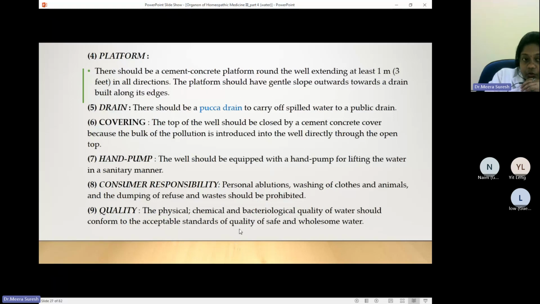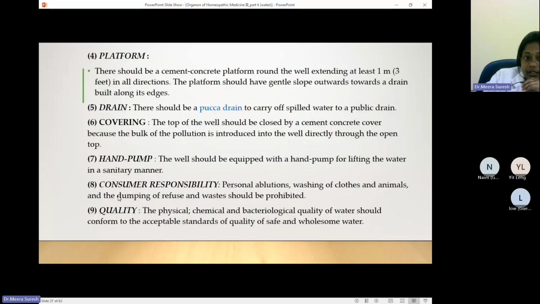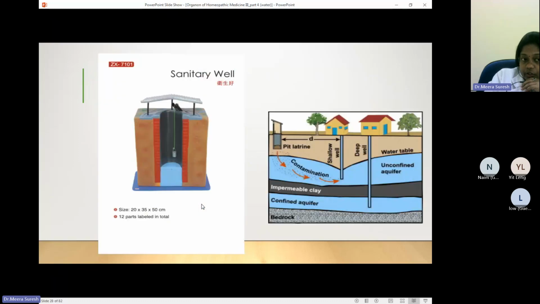So, 9 criteria: first the location, then a parapet wall, the lining, a platform, drain, covering for the well, a hand pump, and consumer responsibility. And finally, the quality of the water that is coming, and whether it is within the accepted level, the physical, chemical, and bacteriological quality. That's also important.